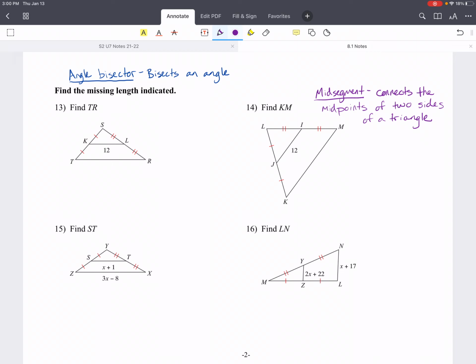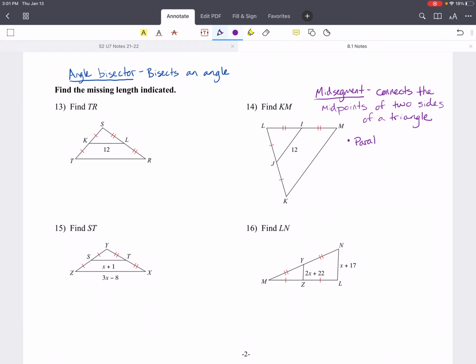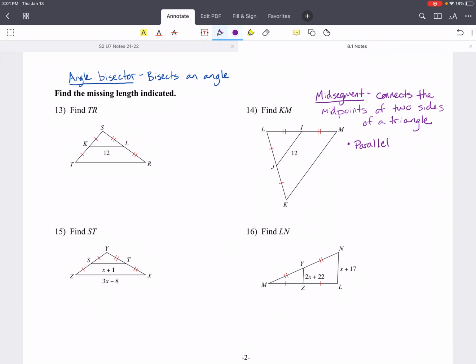And what you need to know is that it is parallel to the corresponding side of the big triangle.